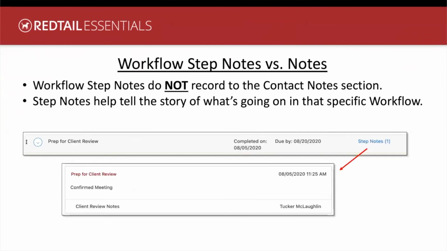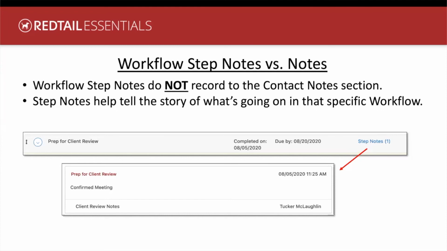But something that often is very confusing for anyone who uses workflows is workflow step notes versus your regular notes. If you don't use workflows, this may not apply to you at this exact moment, but a workflow step note is completely different than a regular note that you add to a contact record. The big difference between the two is that step notes do not save as a note on the main contact page.